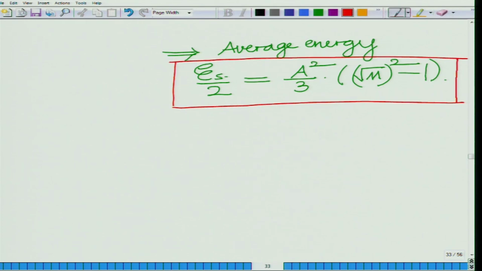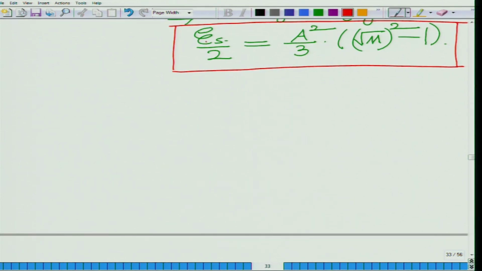Now, if you do not remember this derivation, you can look at the derivation we have done for the M-ary PAM. There we had Es equal to a square over 3 times (M square minus 1). Here we have Es over 2 equals a square by 3 into (M minus 1), which basically implies A is equal to the square root of 3 Es by 2(M minus 1), and this is an important number.